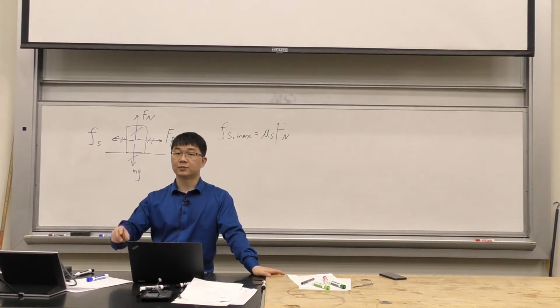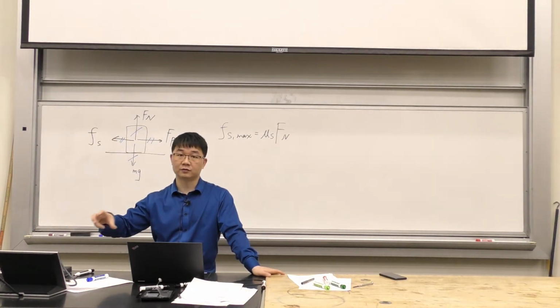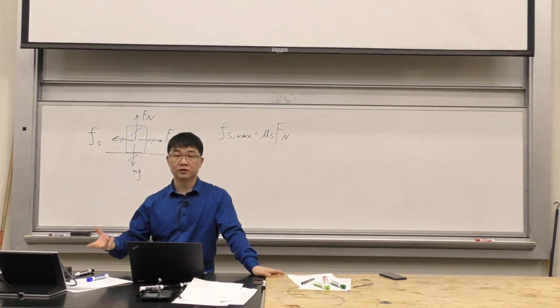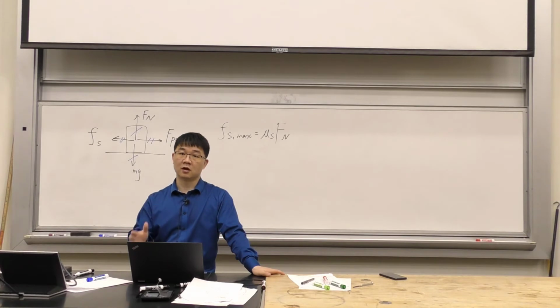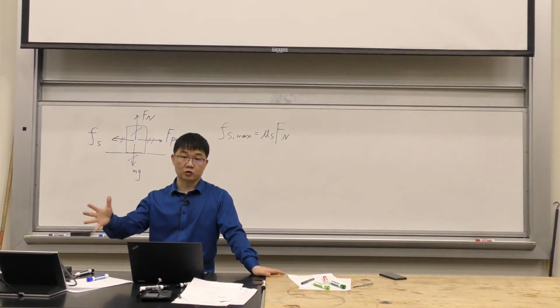That's because the external force you apply on this object is also increasing. You want to move this object, so the static friction force is also going to go up against the pushing force until it reaches the maximum, so it cannot hold this object anymore. It cannot balance the external force anymore.